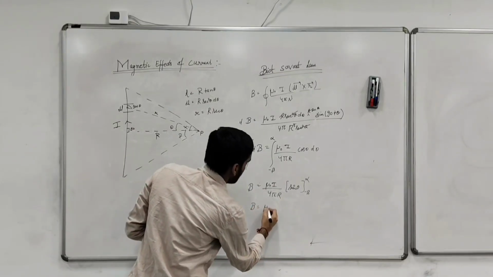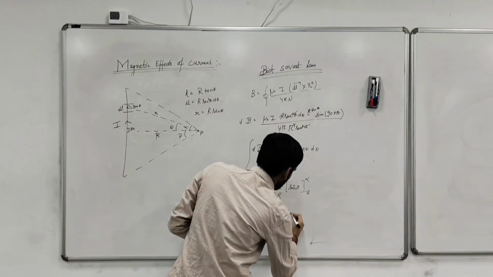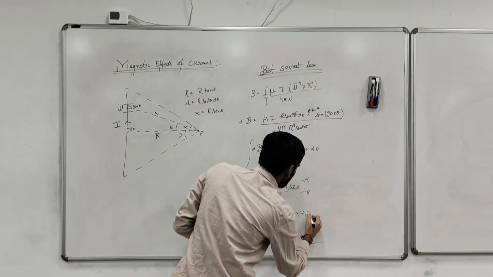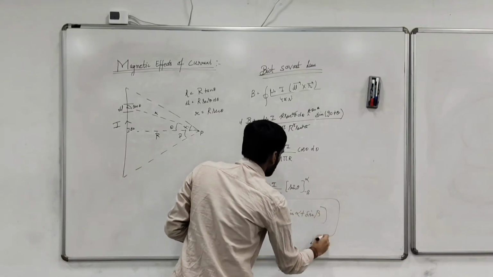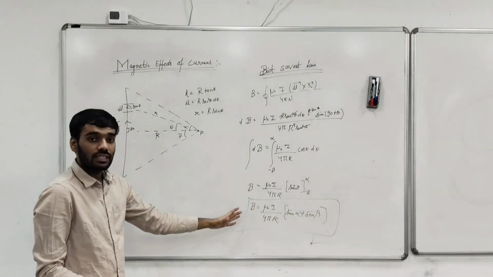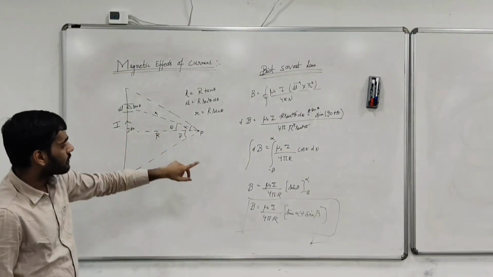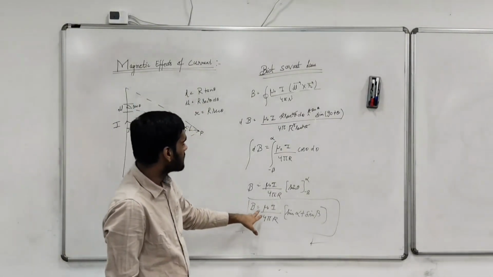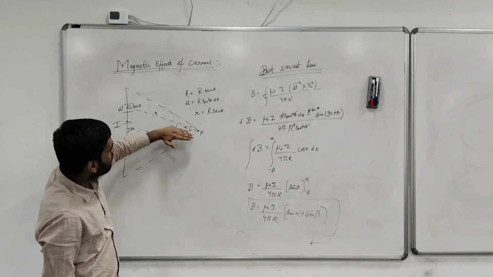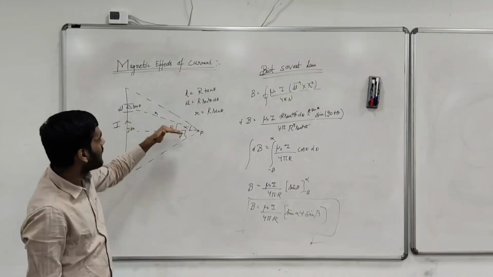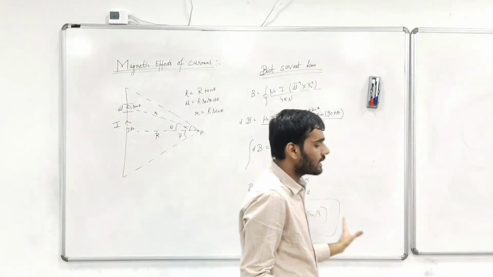So B is equal to mu naught I by 4 pi r times sin alpha plus sin beta. Here we have the general case for a finite length wire. The magnetic field produced by this wire at point P is mu naught I by 4 pi r times sin alpha plus sin beta, where alpha is the angle it makes with the upper end of the wire, and beta is the angle it makes with the lower end of the wire. This is a very simple, general case.